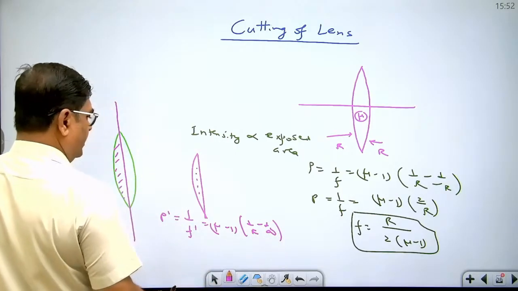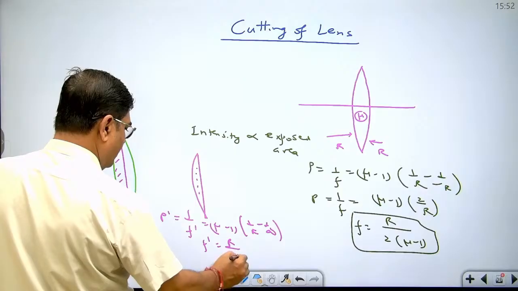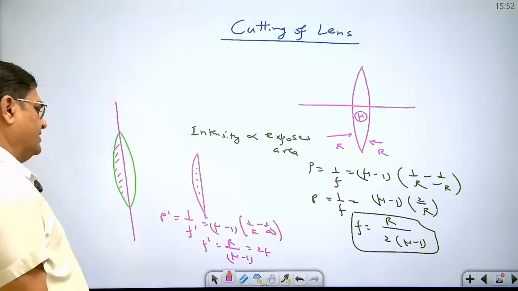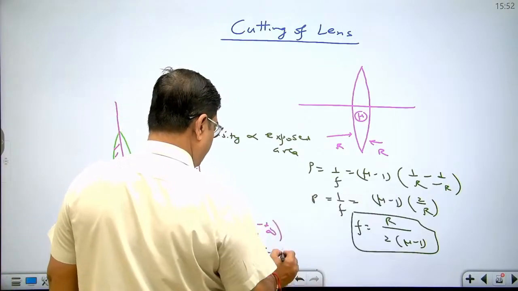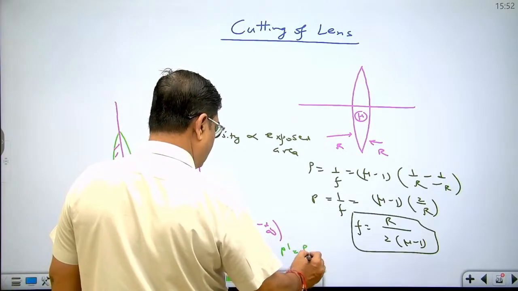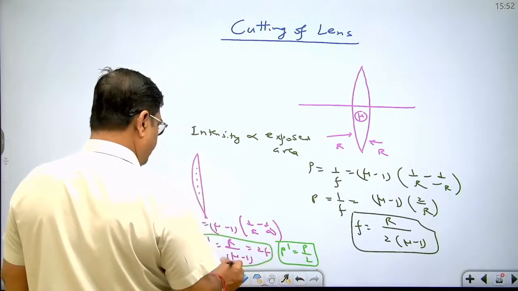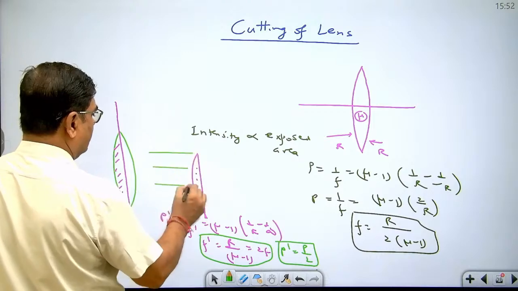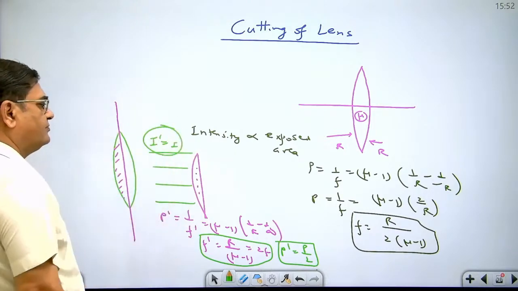So dear student, what is f dash? R upon mu minus 1, this will be 2f. So focal length has become twice and power has become half, but intensity will not change because the exposed area is the same. So intensity here is the same.